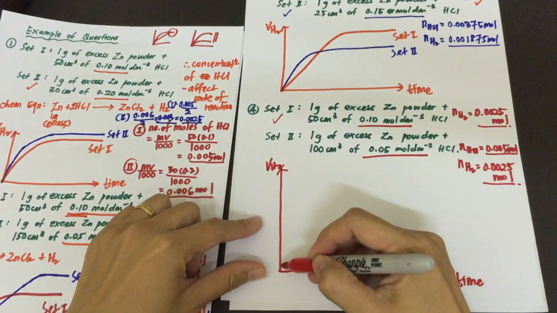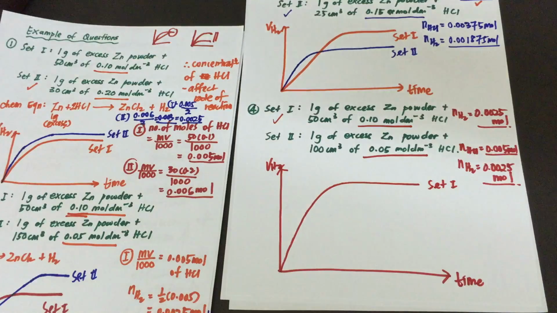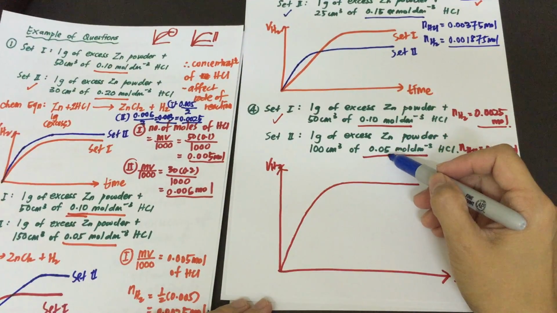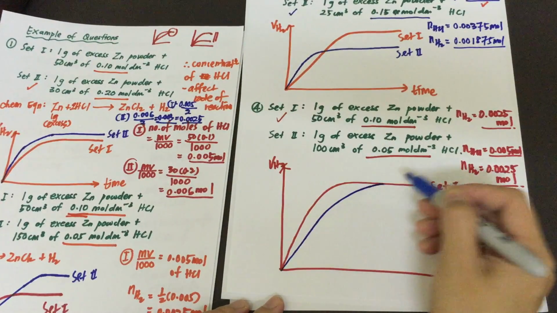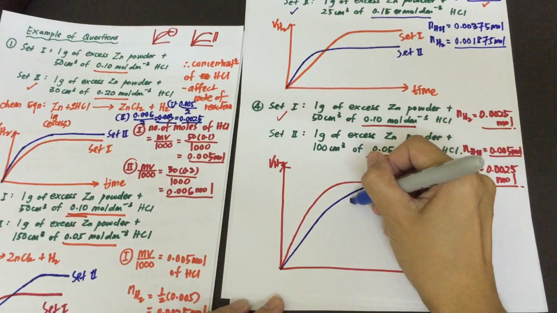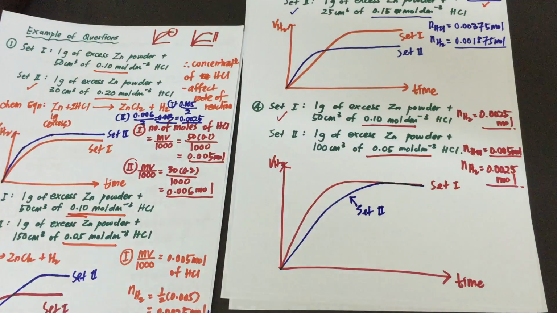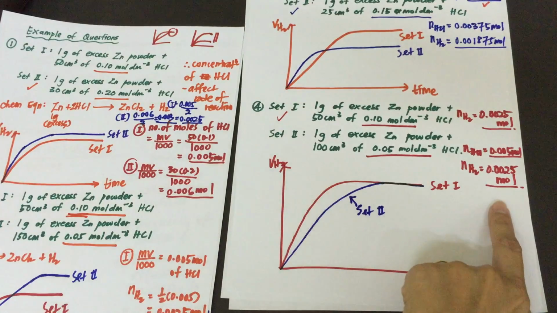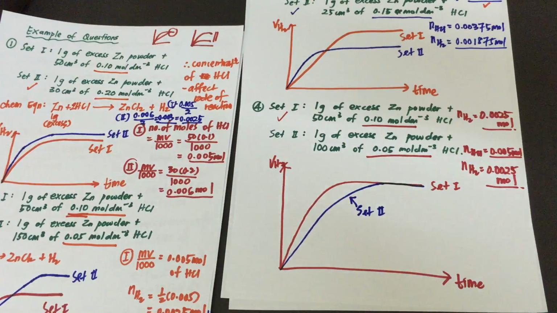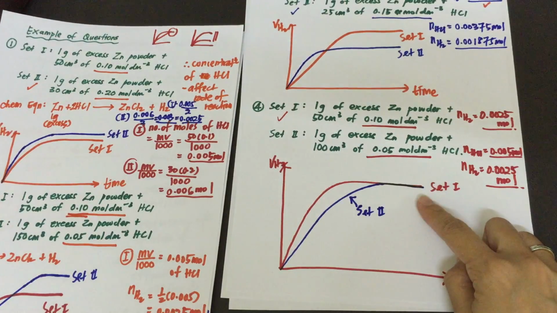Okay, so when we draw the first one this way, the second graph will be meeting at the end with a lower concentration, which means a lower rate of reaction. So this is set 2. Okay, so with that, we finish sketching the graph for this particular example, in which the same number of moles in the two reaction conditions gives us the same product formation, so the graphs combine at the end.